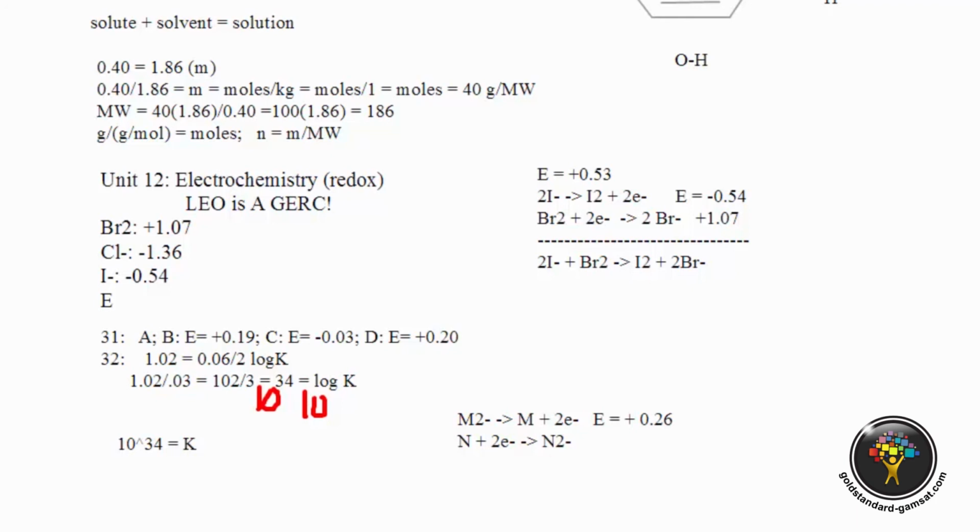And then you just add these two cells, and when you add them, you get the final complete reaction, and you get the E0 value of 0.60 volts, which is 0.34 plus 0.26.